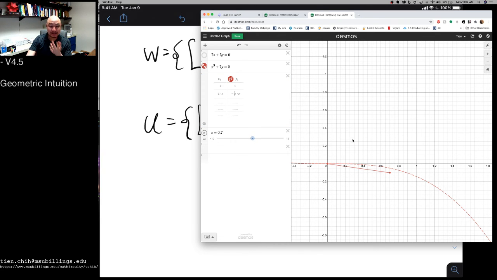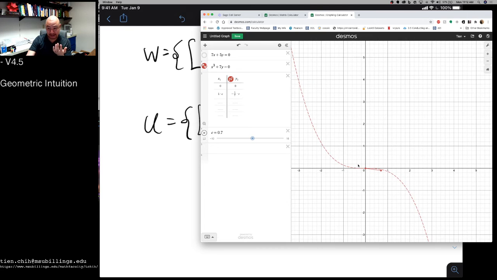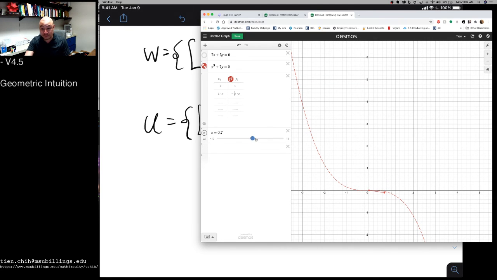So we know that 1 comma minus 1/7 was in U. But in order to be a vector space, every multiple of that vector should also be in U. And what we note is that when I take minus 1 times that vector, that's in U. 1 times that vector, that's in U. And 0 times that vector is still in U, which is great.